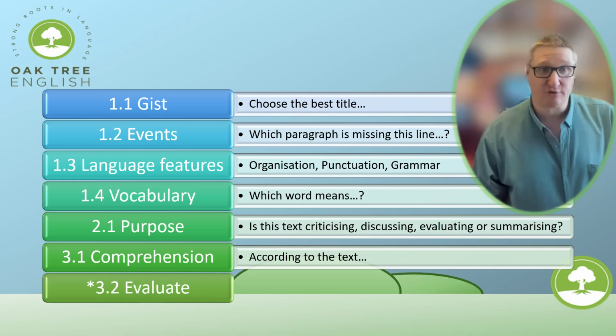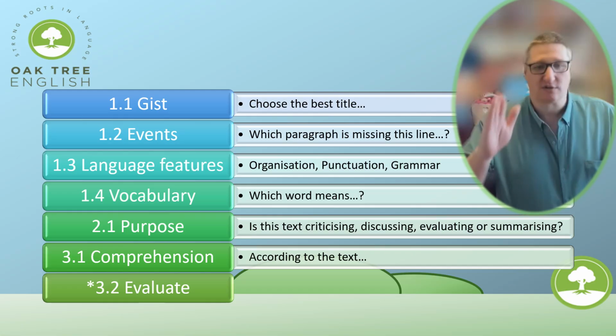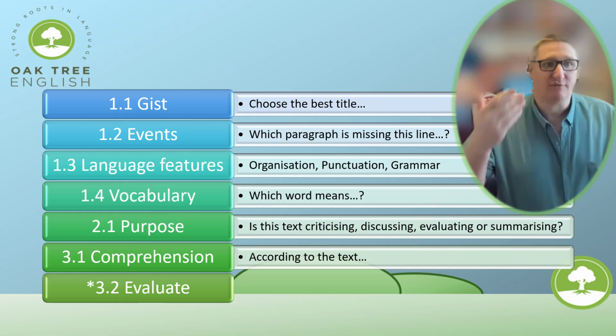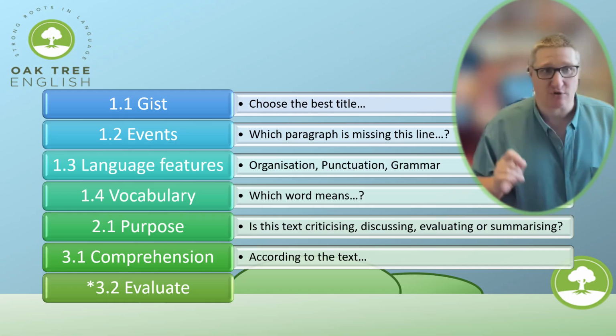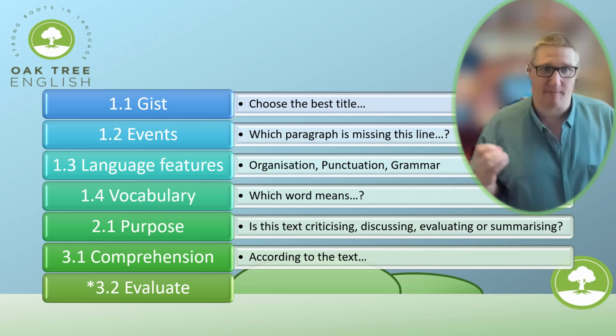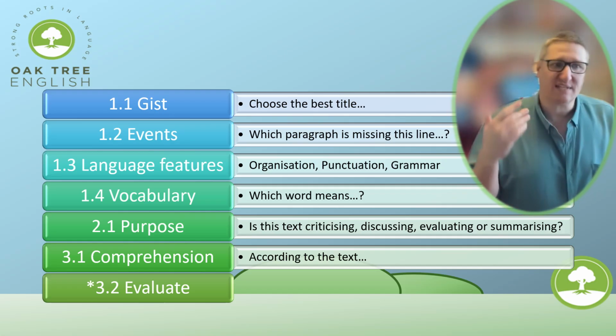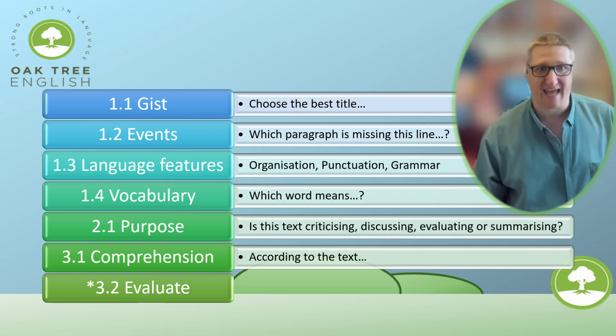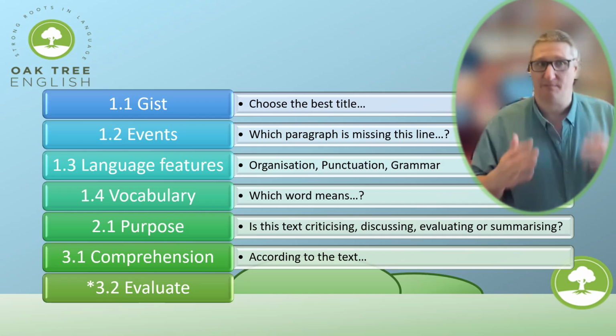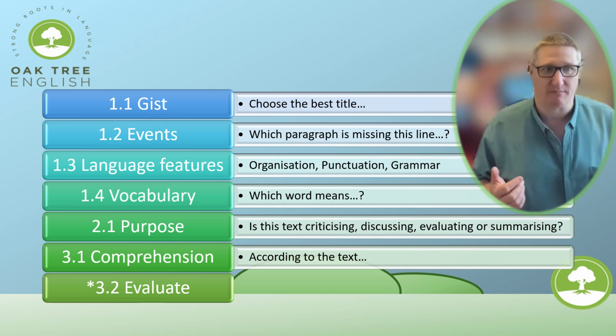For level 2, there's an extra criteria. Level 1, you can go to sleep for a second. Level 2, 3.2 is evaluate information from different sources. This is where you put two parts of the text together to find the answer, such as comparing two comments in a web forum.